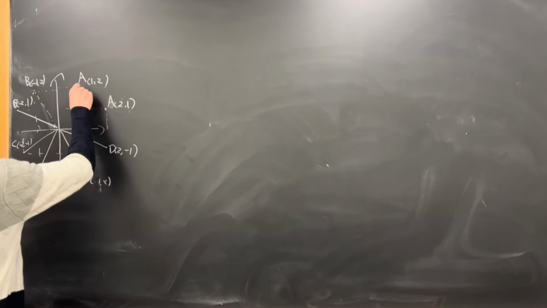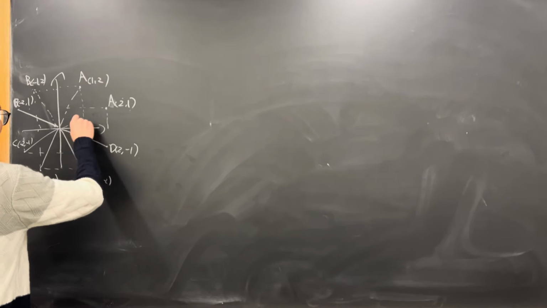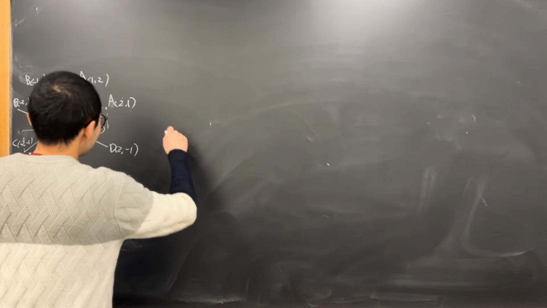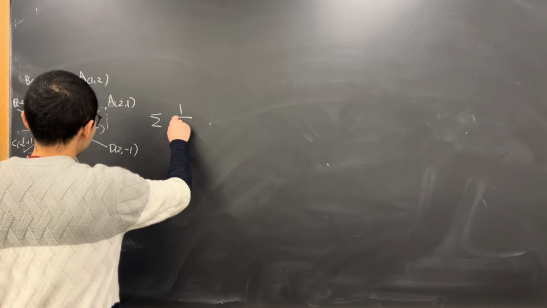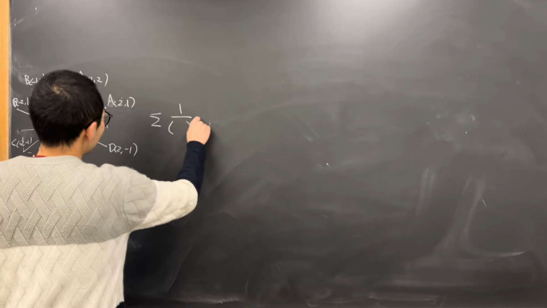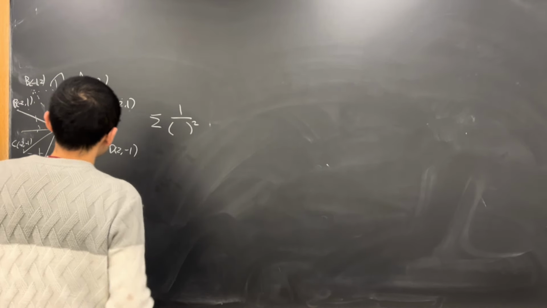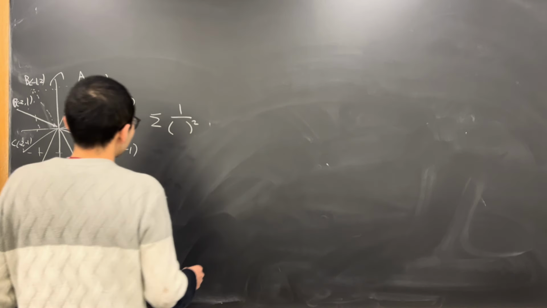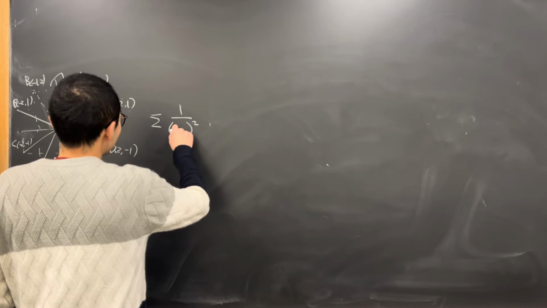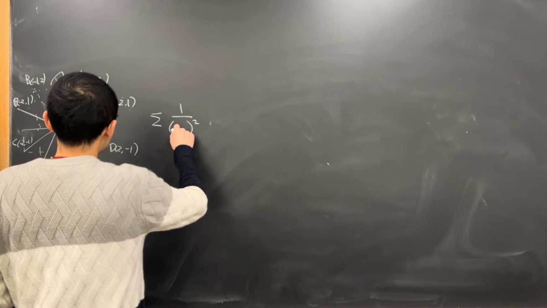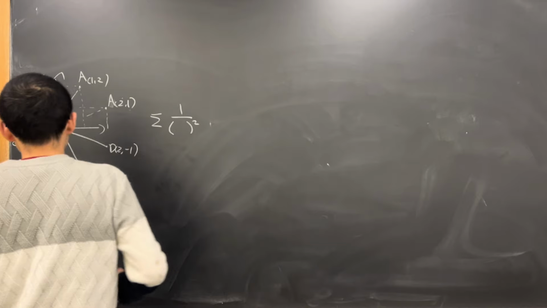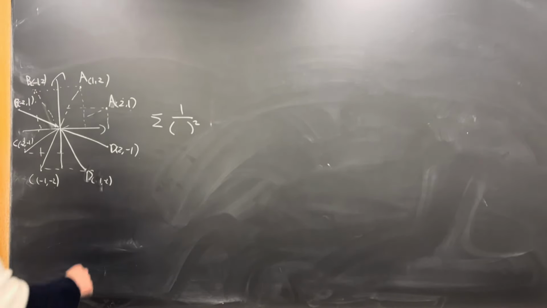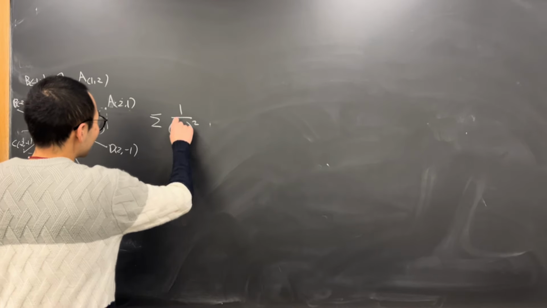So remember that we are calculating the sums of 1 over the value squared, right? The notation is not very good.